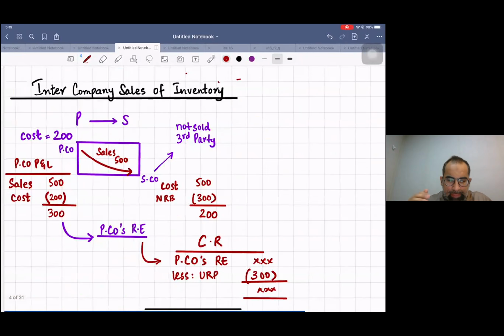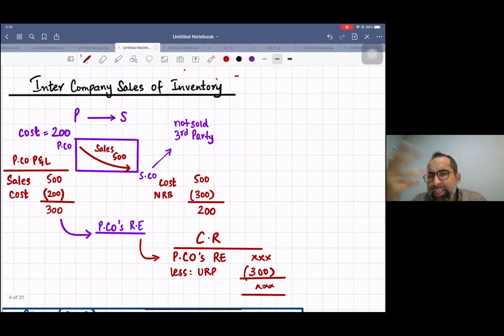Now these are very simple transactions, P to S and S to P. You have studied this in your F3 paper and F7 as well. First of all, P to S and S to P sale of inventory. We all know that inventory is bought for resale.